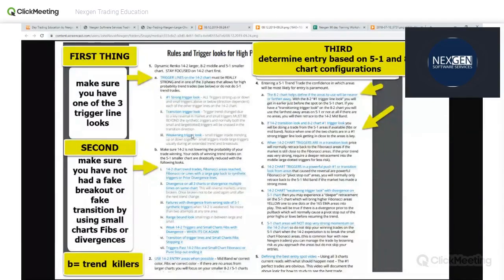If you don't have the right look, or if you do have the right look but there's something that's going to hurt your trade. Have you guys traded automated systems before? Milby, I know you had this conversation about automated systems. The problem with automated systems is they only look at the third thing.